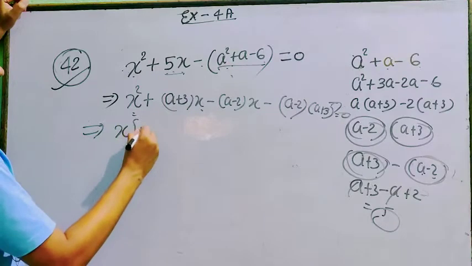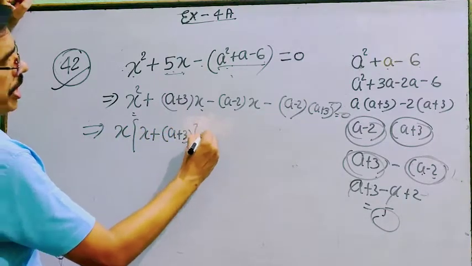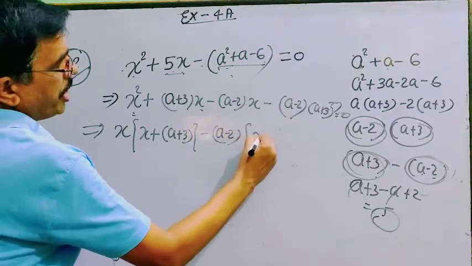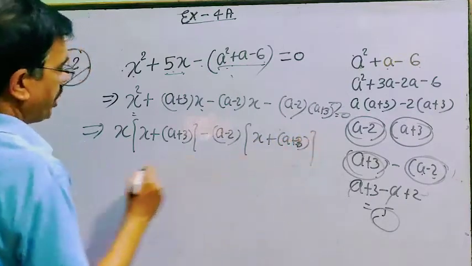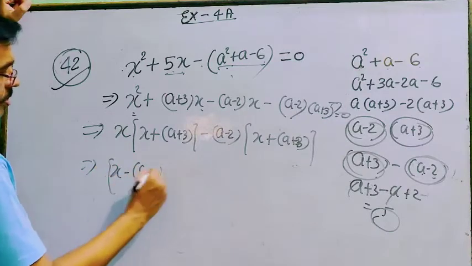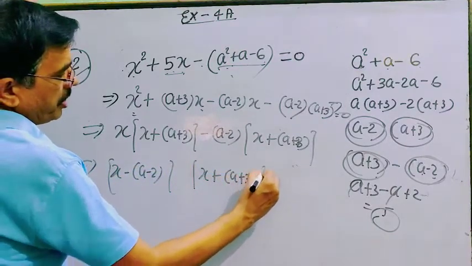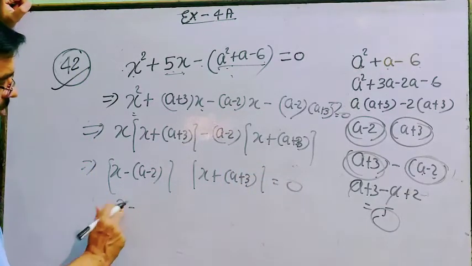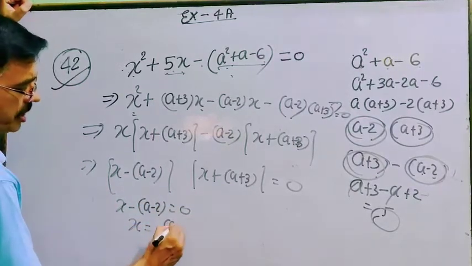Here common is x, so it is x + a + 3, and here common is a − 2, then here is x + a + 3. Then you write (x − (a − 2))(x + a + 3) = 0. Then x − (a − 2) = 0. What is x? That is a − 2.